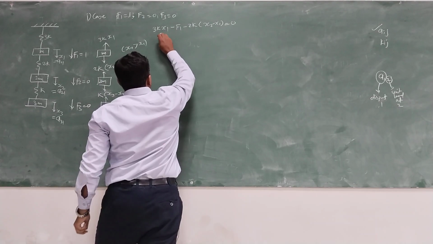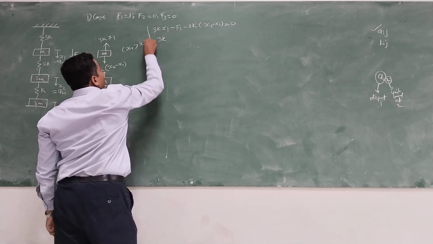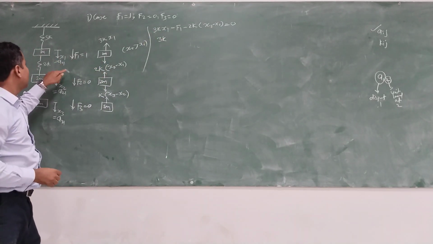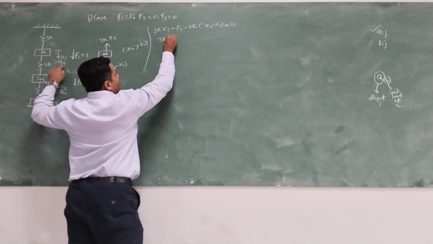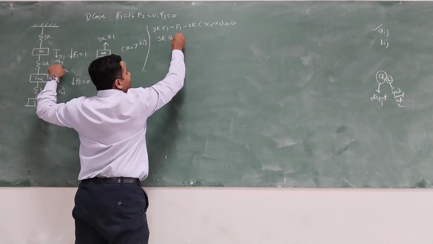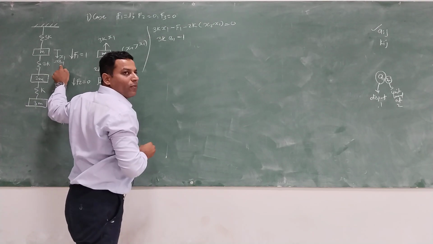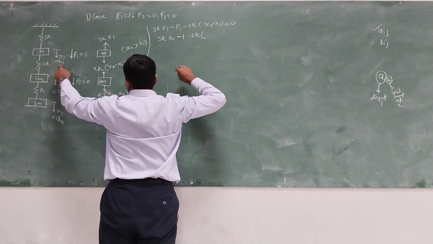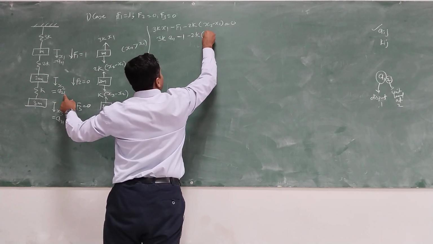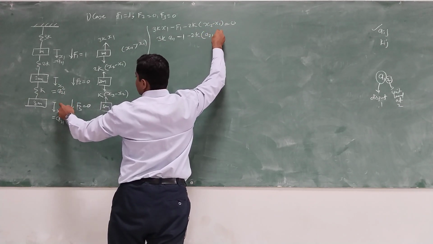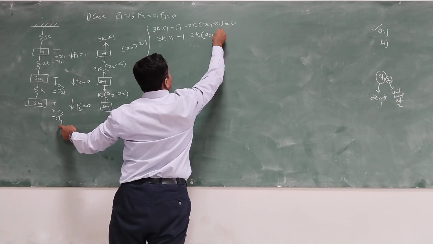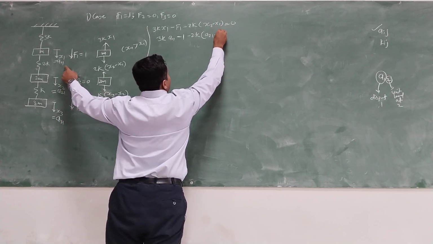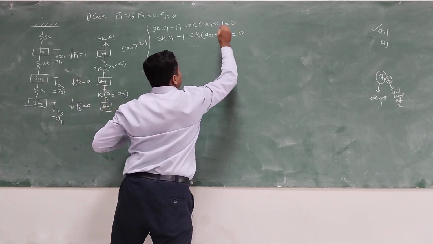Now we'll write 3k. What is x1? x1 is A11. So 3k A11 minus F1, which is 1, minus 2k (A21 minus A11) equal to 0.